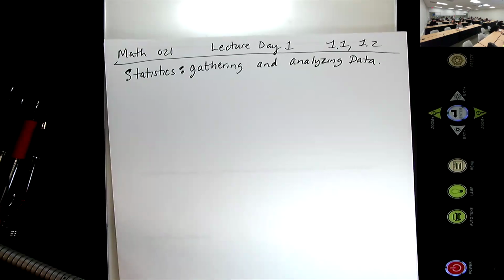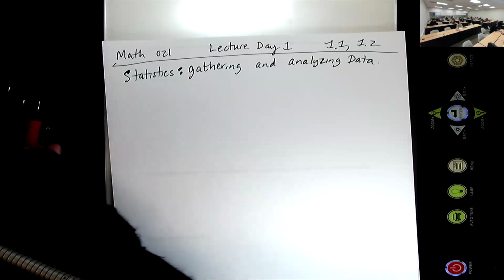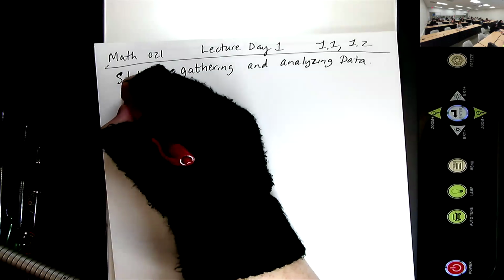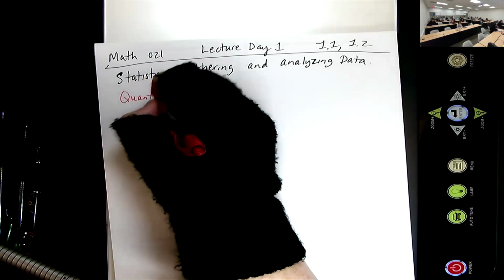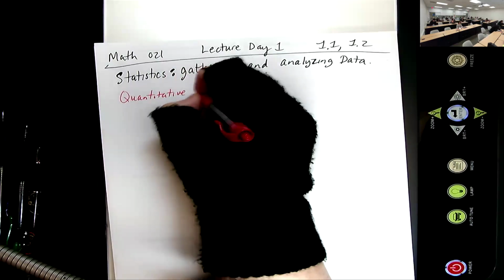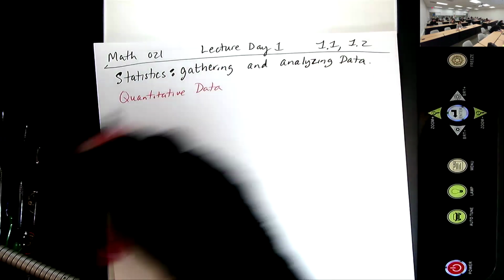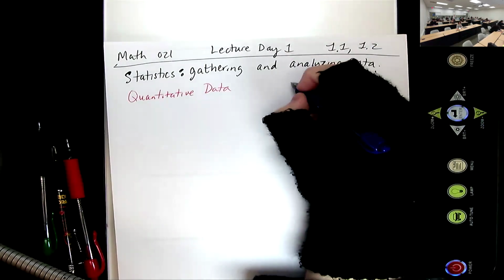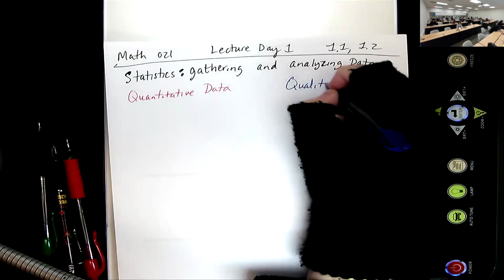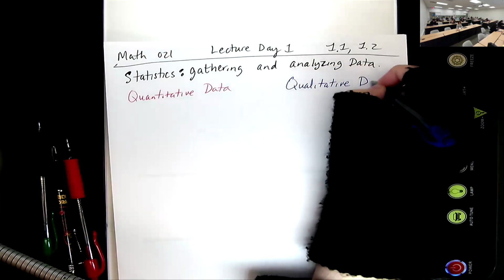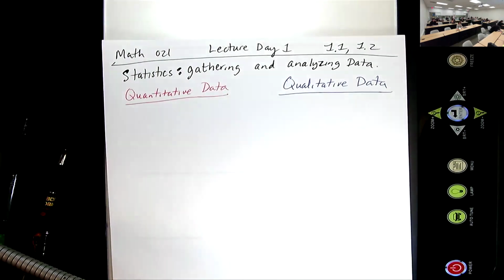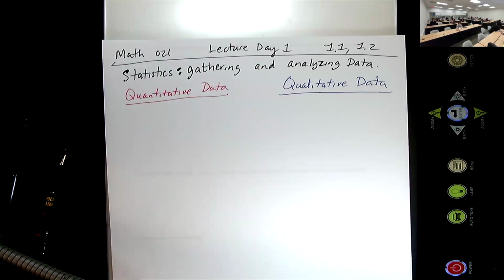So let's think about the different types of data we could have. One type of data we could have is called quantitative data. And another type, we'll call it qualitative. Do either of those words look like a word that you know?